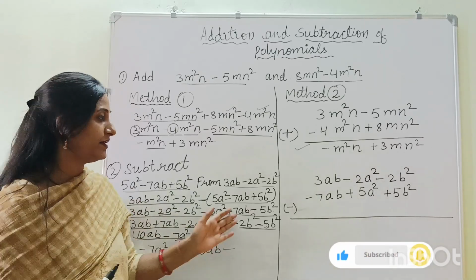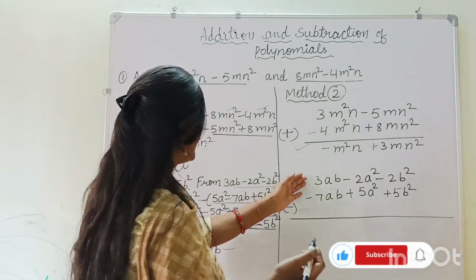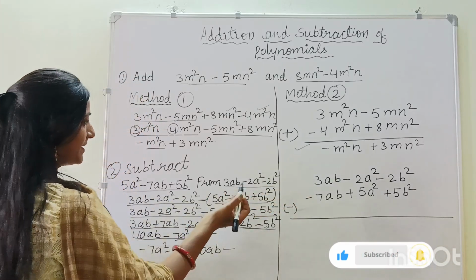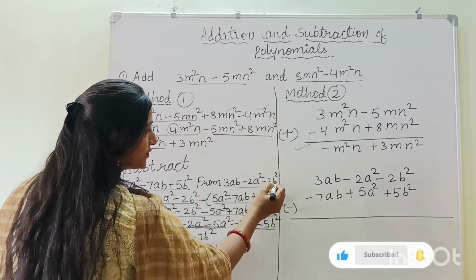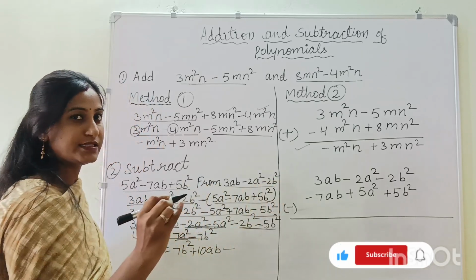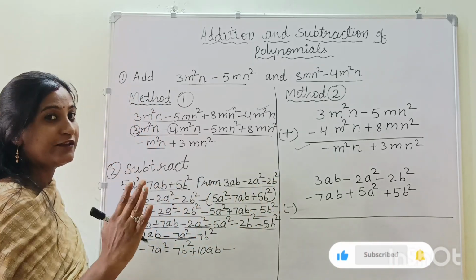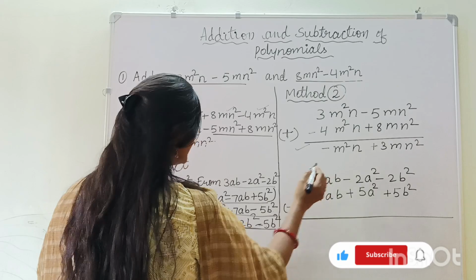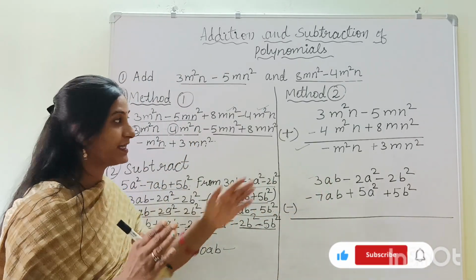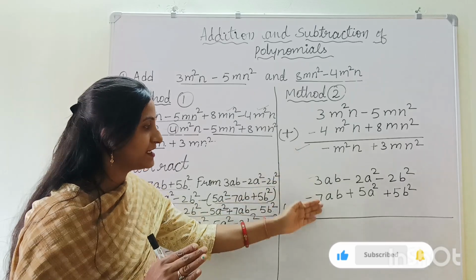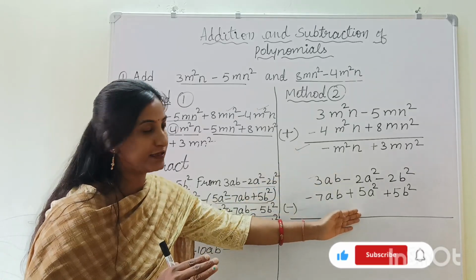We'll see the other one. So as we have to subtract 3ab minus 2a square minus 2b square, first we have to write "from". So from this we have to subtract this expression. As I said, for addition, like terms will come together under that.